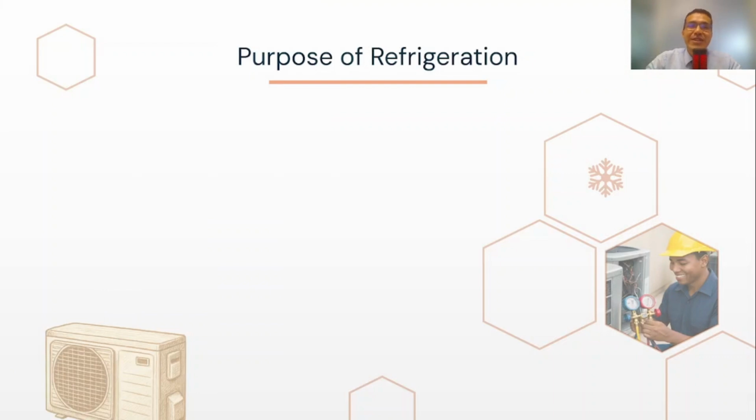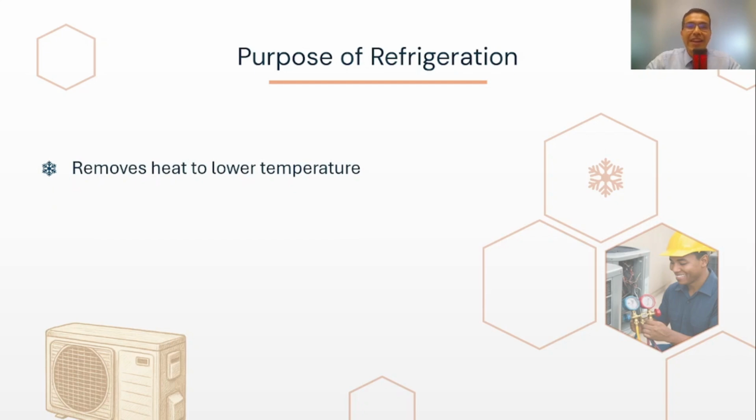Refrigeration is the process by which heat is removed from a space or a substance, lowering its temperature or regulating conditions. It plays a vital role in many aspects of modern life. At its core, refrigeration removes heat to lower temperature.